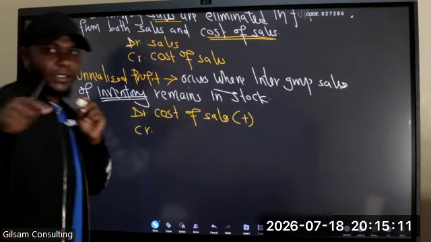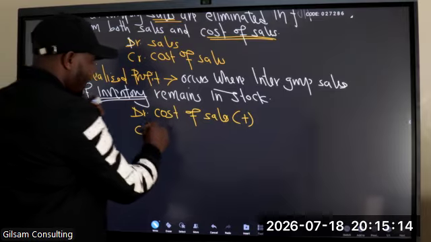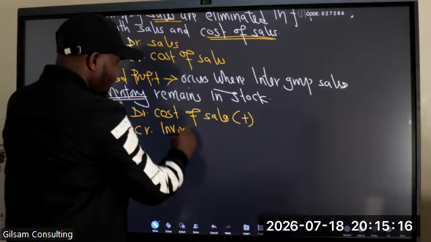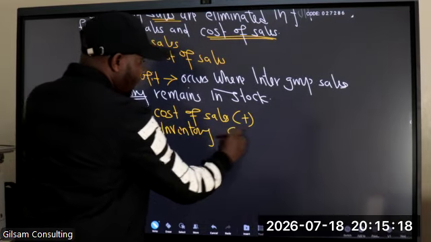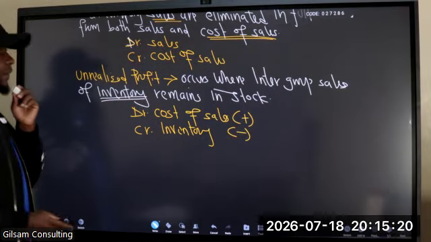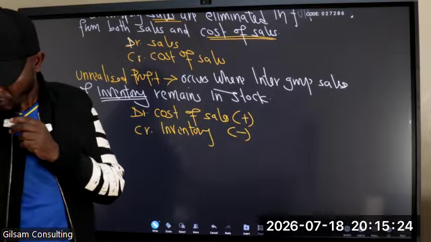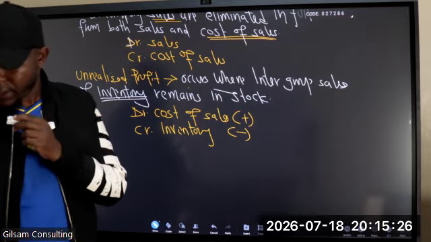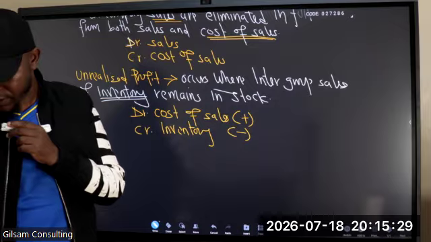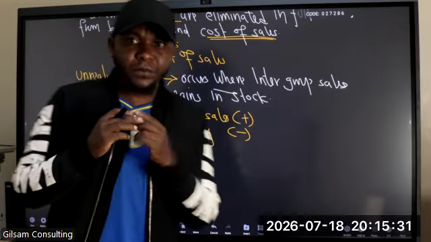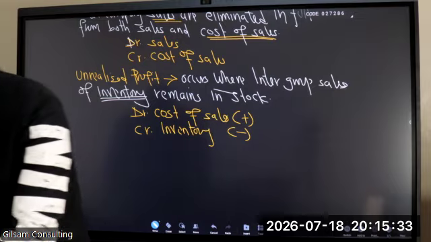So we remove it from the inventory. That is the unrealized profit, because we will apply some profit margin ratio.